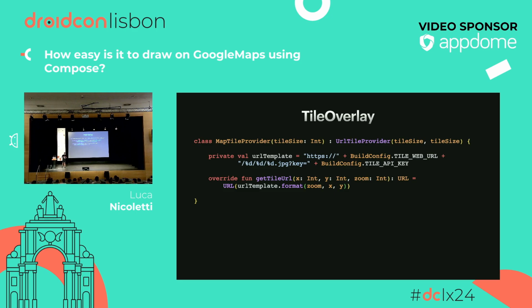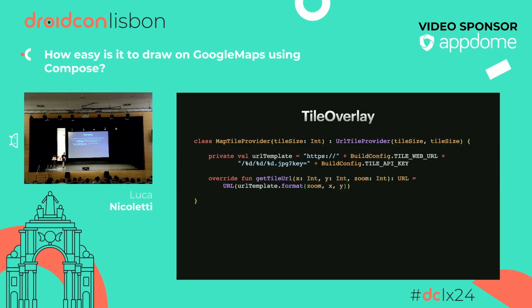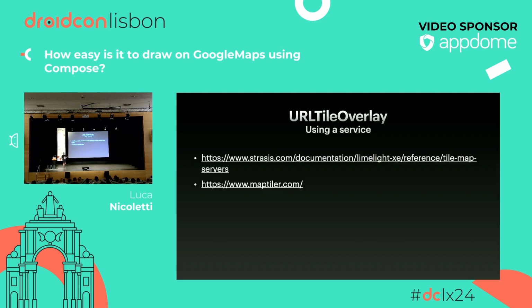This offloads the entire computational work of creating a bitmap to show on the map to a server. You just need to provide a URL. There are services that give us images based on the URL that we query. This URL is to be used here, and then the image that the service returns is rendered on the screen.